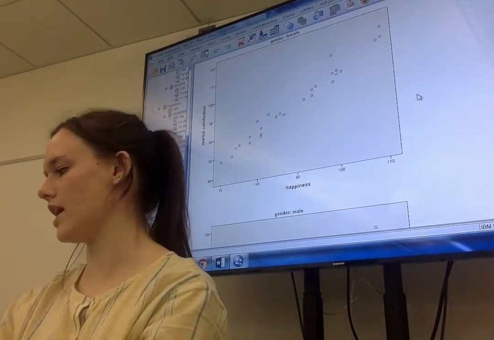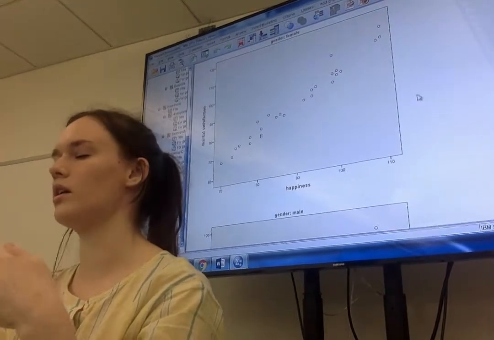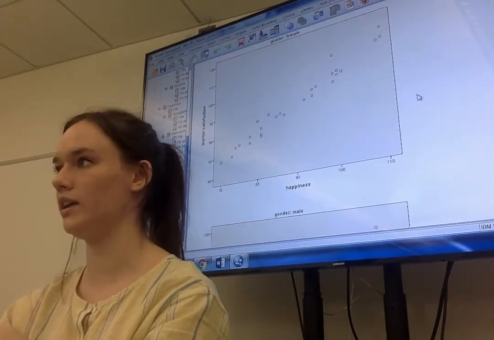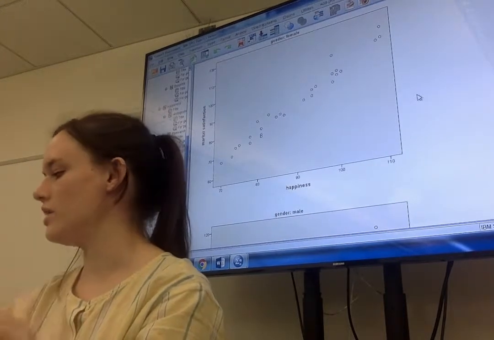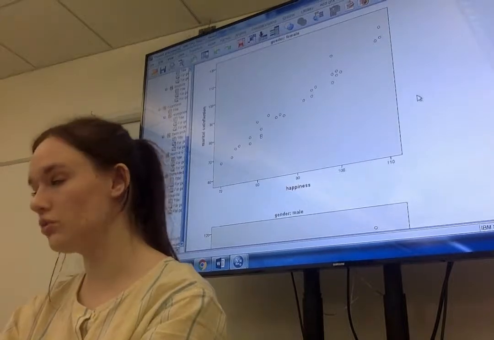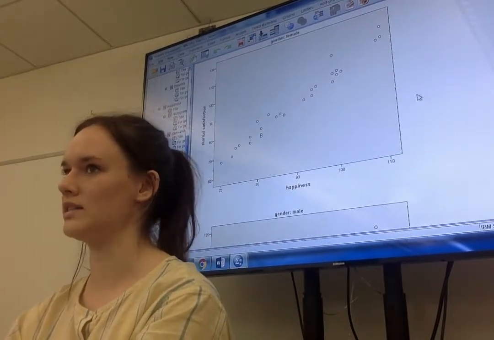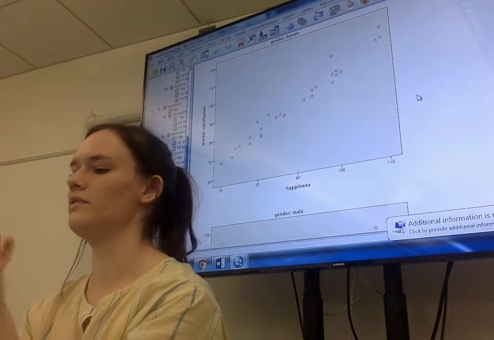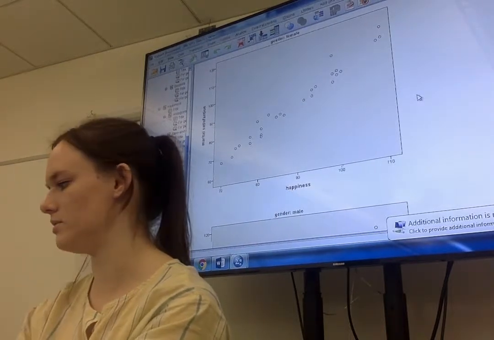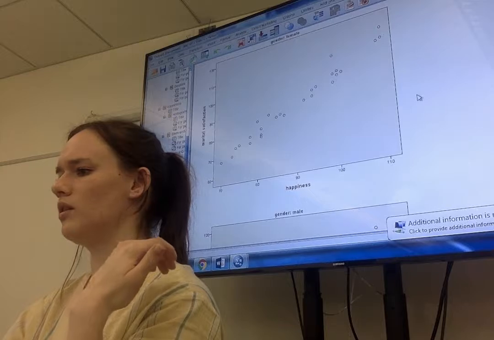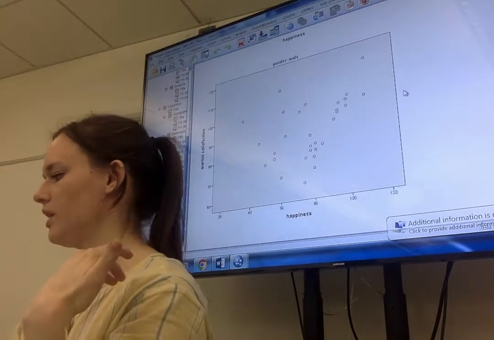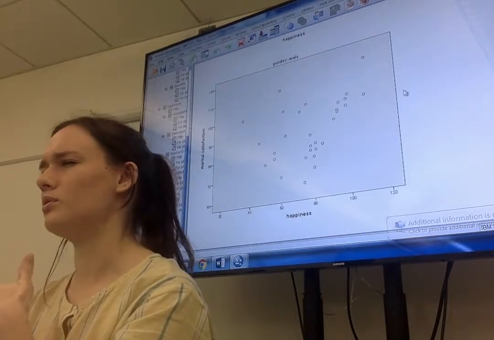You can use this scatter plot for the bivariate normality and linearity. And then you can use the residual plot that we'll do in a second for the linearity and the homoscedasticity. So there's a little bit of overlap there, and it can get kind of confusing.